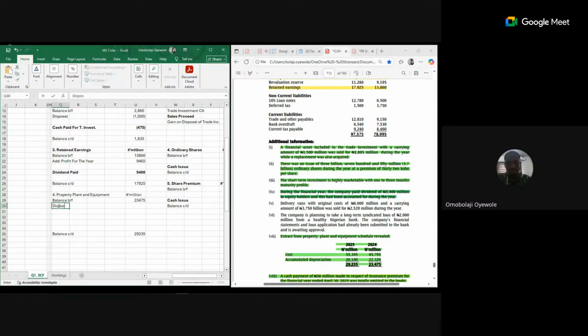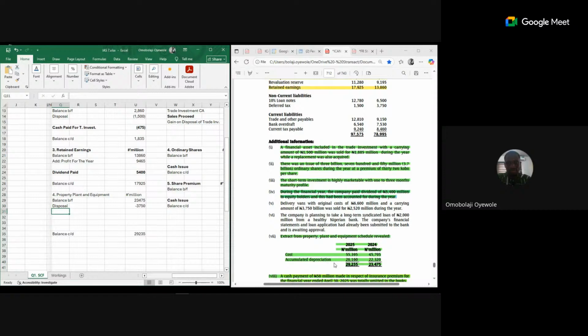So I'll come here. So disposal. How much is our disposal? The carrying amount is 3,750,000, so the PPE is going to be reduced. Now, what else?